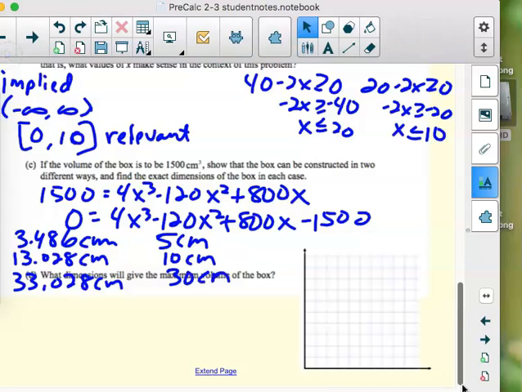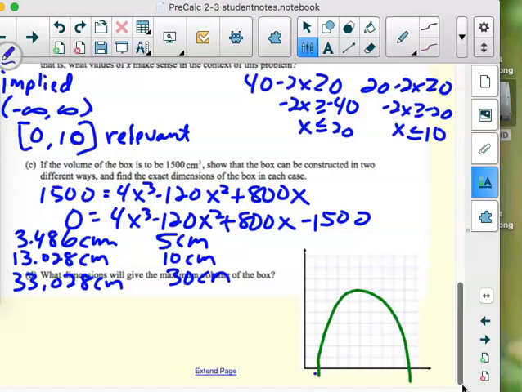And then the last part of this said, well, let's go ahead and figure out what the maximum volume of the box would be. And for that, we'd go back into the calculator and we'd find this highest point, right?